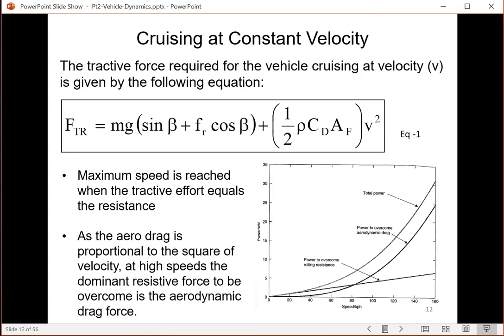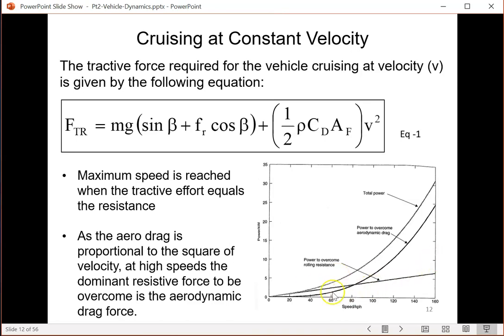Now this phenomenon can be explained using the diagram on the right-hand side. The x-axis is the speed in kilometers per hour. The y-axis is the power of each running resistance, or the power required to overcome it in order to keep the vehicle moving forward.